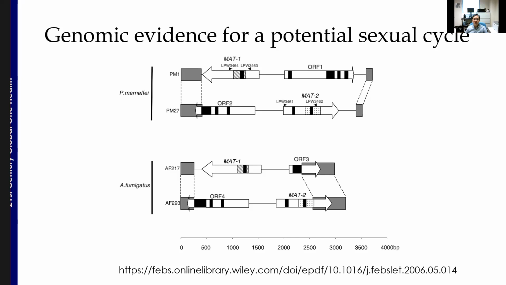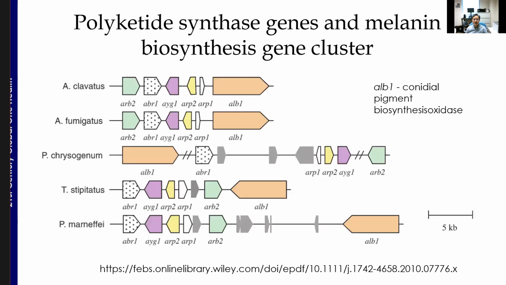And then you can study the structure, the order, the orientation, the neighbor genes and how they are arranged in the genome, and compare across species. That's Penicillium marneffei compared with Aspergillus fumigatus, and you see the similarity between one of their gene sets. And in fungal species, a lot of genes in the same biosynthesis gene clusters, the same group of genes, will be next to each other. So this forms the gene islands and the clusters.